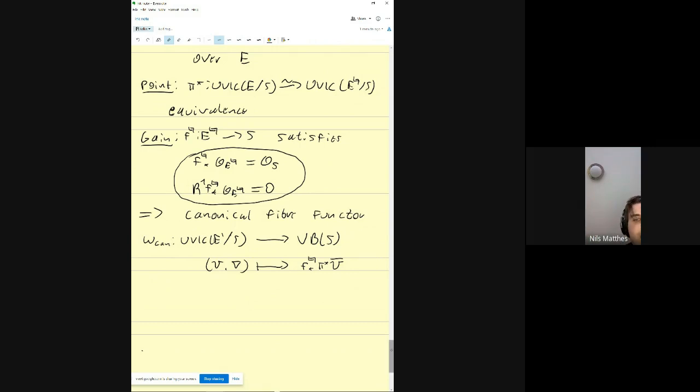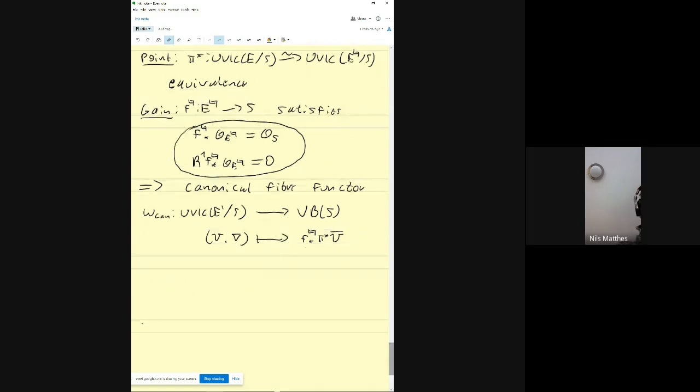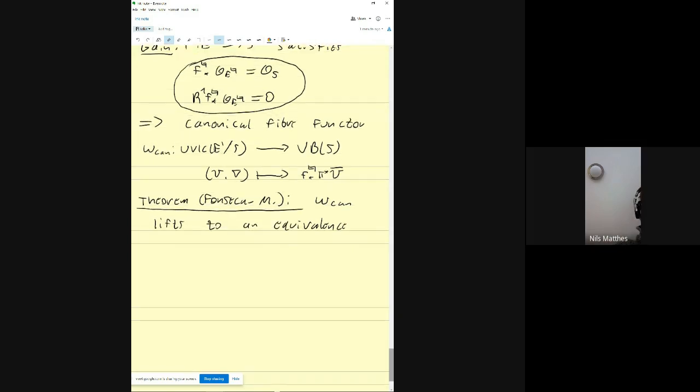All right, and now let me state the theorem, which is going to be the analog of Deligne's computation of the de Rham fundamental group of P1 minus 3 points. So this canonical fiber functor can be lifted to an equivalence of categories as follows.